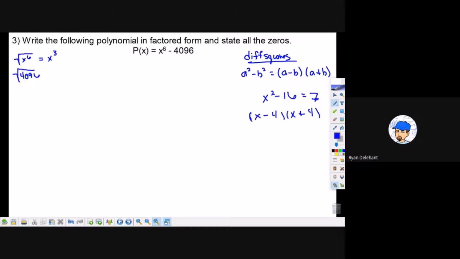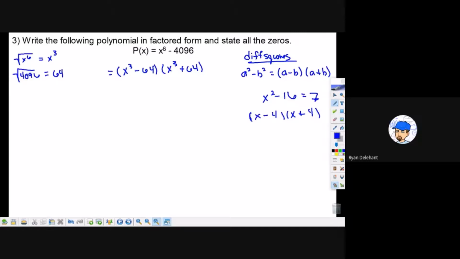And that one I do expect you to plug in. So that's 64. So it passed the test. There's a subtraction symbol between these two things. Both of them have a square root. So I know off the bat that this is going to factor into x to the 3rd minus 64 and x to the 3rd plus 64.